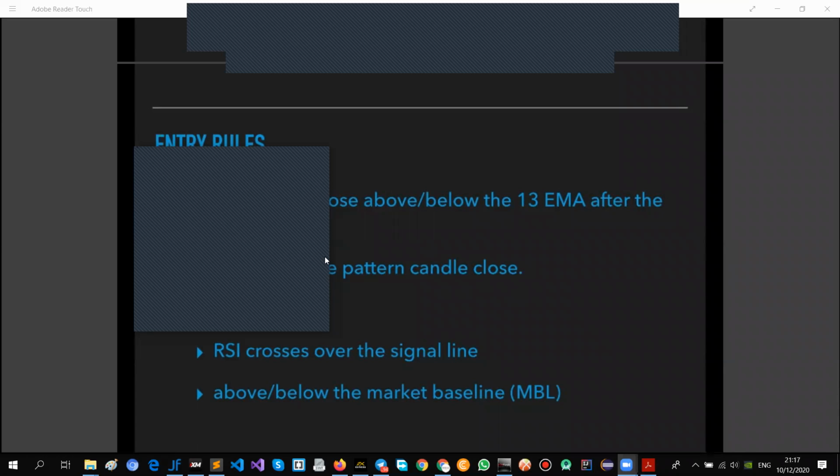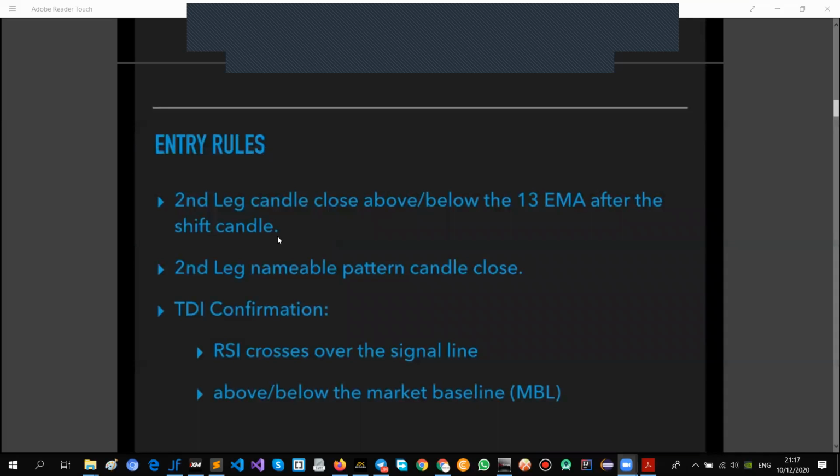The market makers use that shift candle to rush away from their trades, from their entries, and just punishing them until they margin call their trades. That's the main purpose for the shift candle. I'll show you what it looks like so that you recognize it.